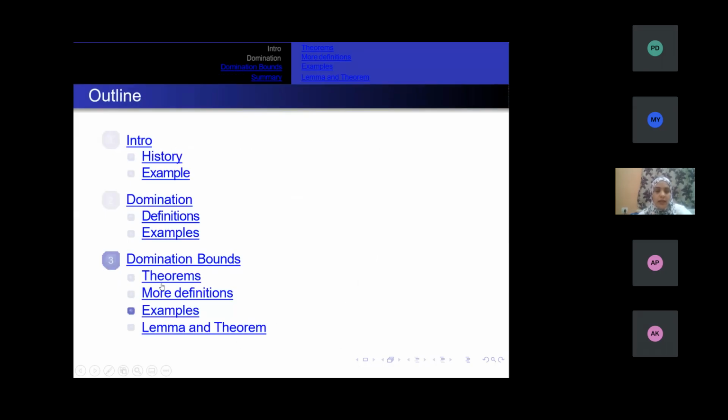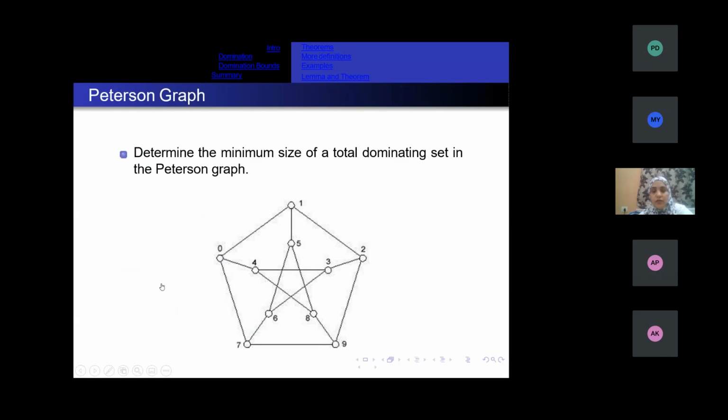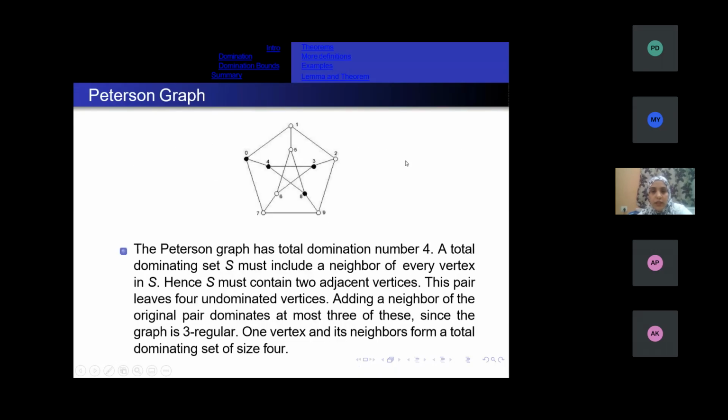Next, moving on to the examples again, we have seen this Petersen graph. In this Petersen graph, I'll explain how the total dominating set can be identified. So here we can see that 0, 4, 3, 8 are considered as the total dominating set vertices.